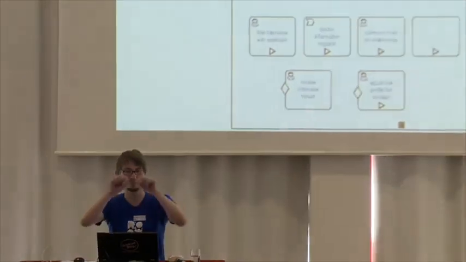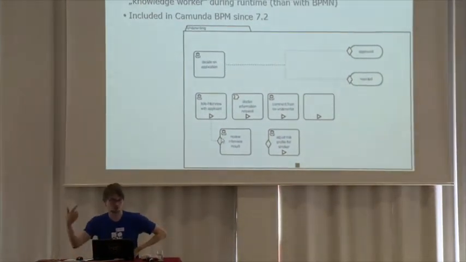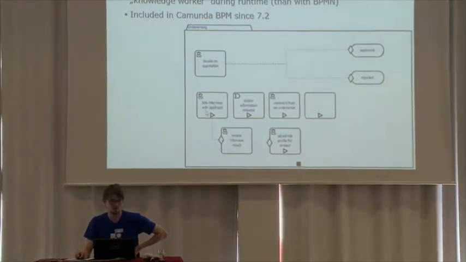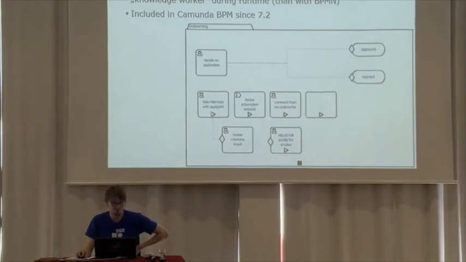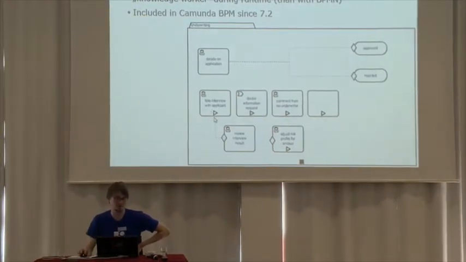So what CMMN has, it defines activities, so they are predefined, but you don't have a sequence, but you can have additional conditions on the activities, like the tele-interview with the applicant might be done here, but it's not started automatically. That's the play symbol.